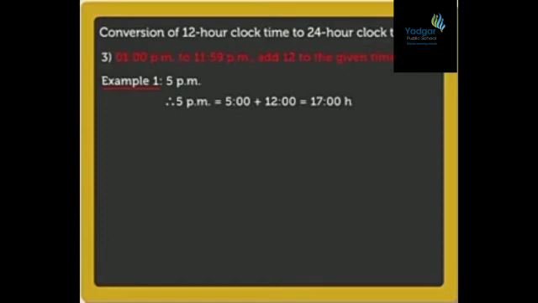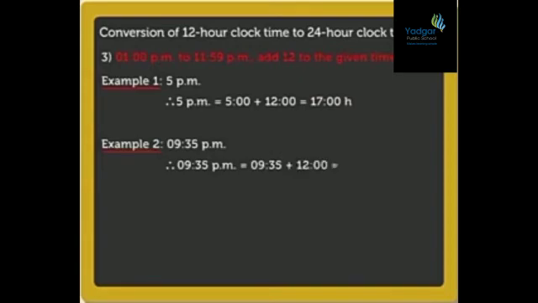We write it as 17:00H and we read it as 1700 hours. 9:35 pm will be equal to 9:35 plus 12, which is equal to 2135 hours.